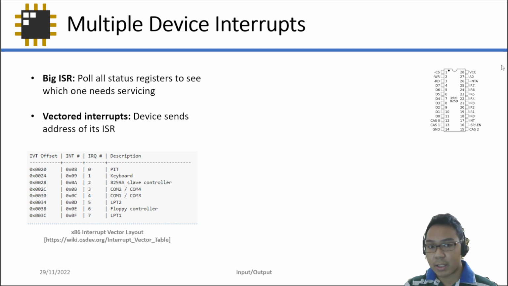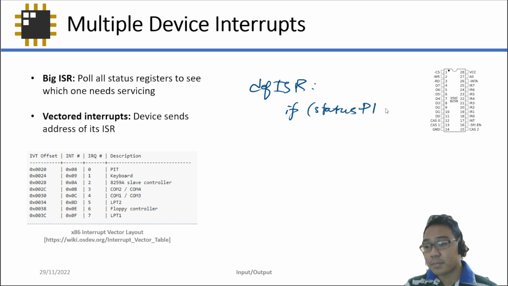Something that one could do in a microcontroller is to merge all of the interrupts that everyone is sending into one big ISR. Then, in the ISR function, we check the status of every peripheral and check whether or not it needs servicing, and so on and so forth.